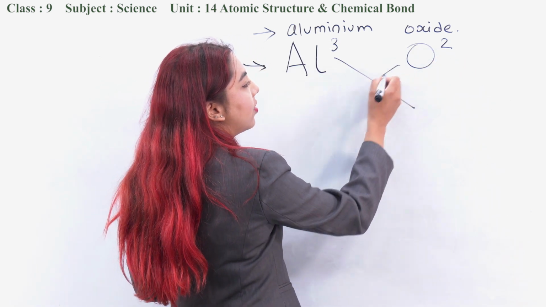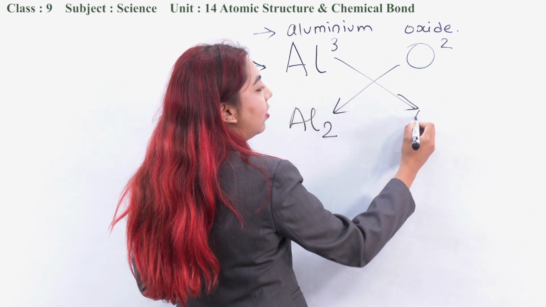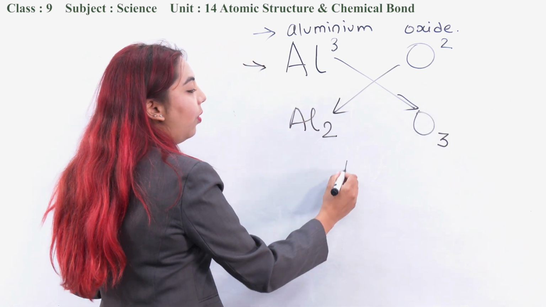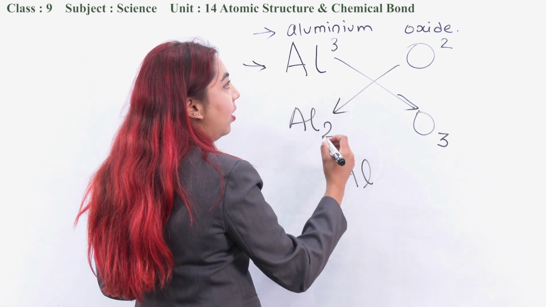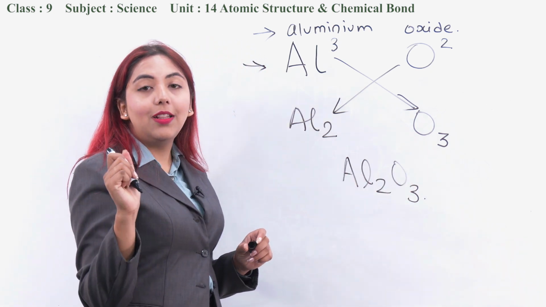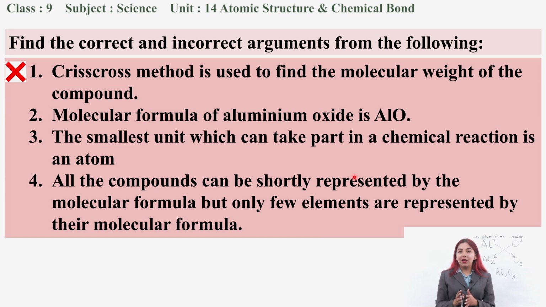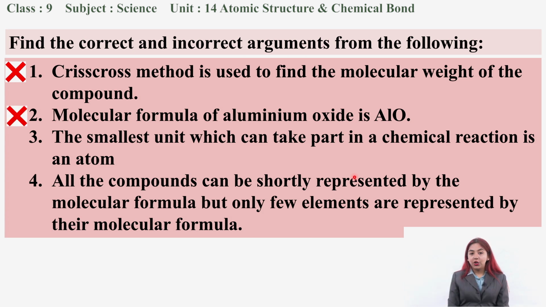So after crisscross method, aluminium gets 2 and oxygen gets 3. So the molecular formula of aluminium oxide is Al2O3. But here in the argument it says AlO. So argument 2 is incorrect because the molecular formula of aluminium oxide is Al2O3, not AlO.